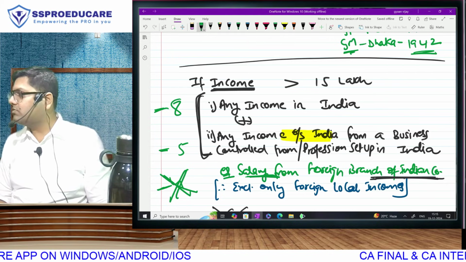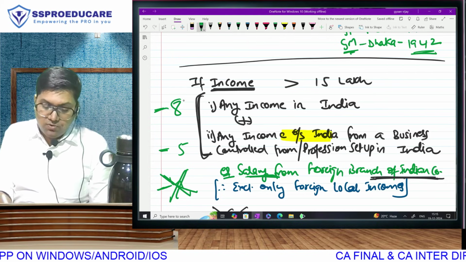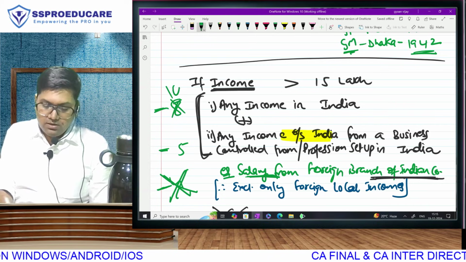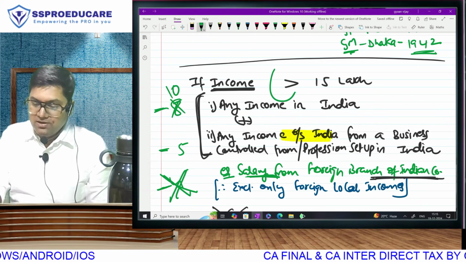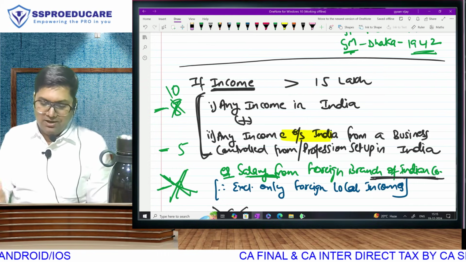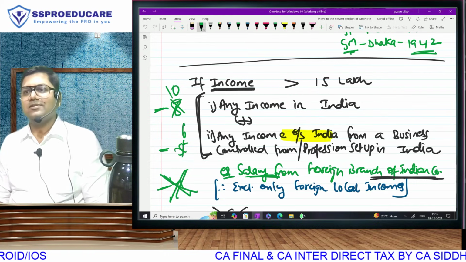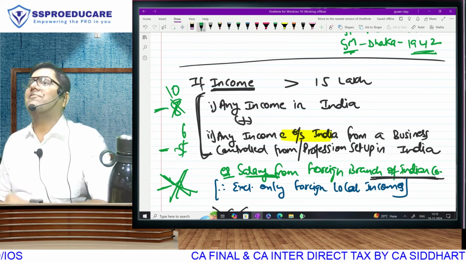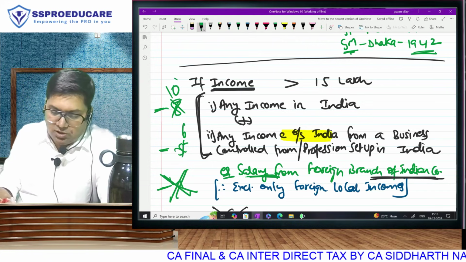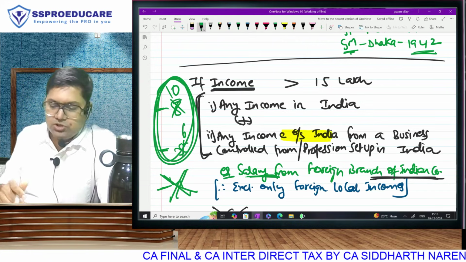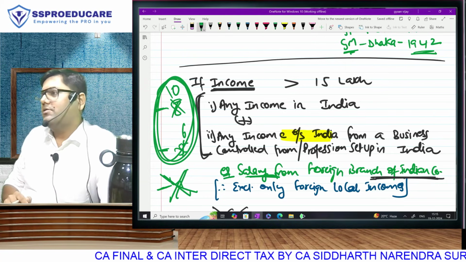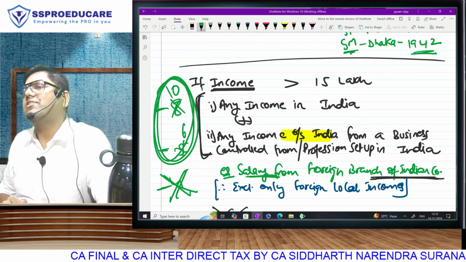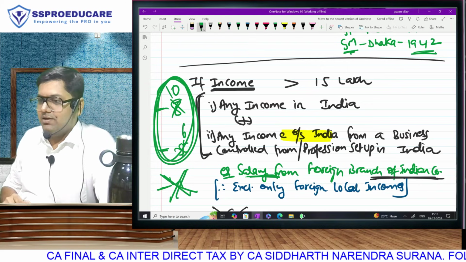Supposing this was 10, still no, because it has to be greater. And now supposing this is 6. So now the total of these two should be greater than 15 lakh, then you will have 120, 365 becoming applicable.